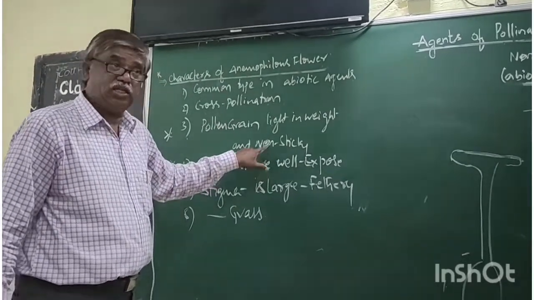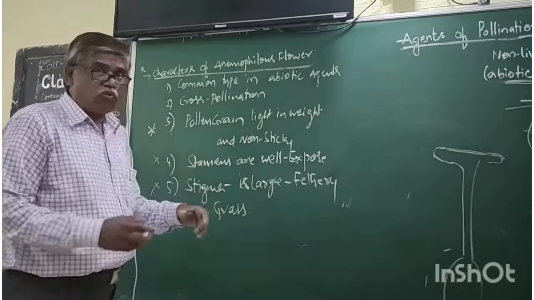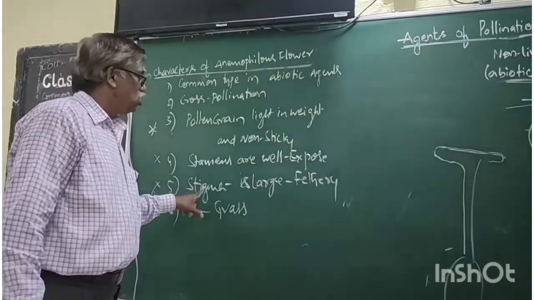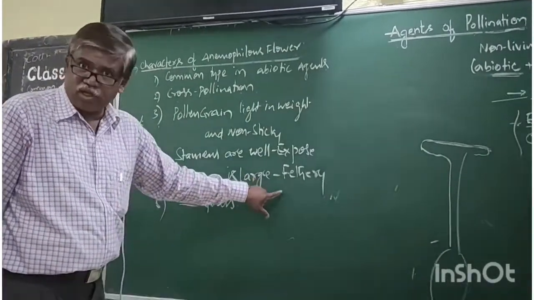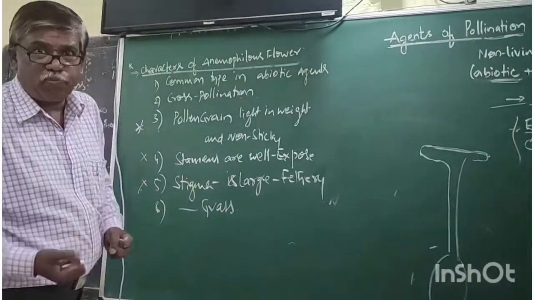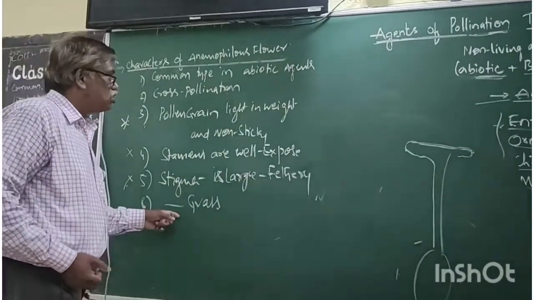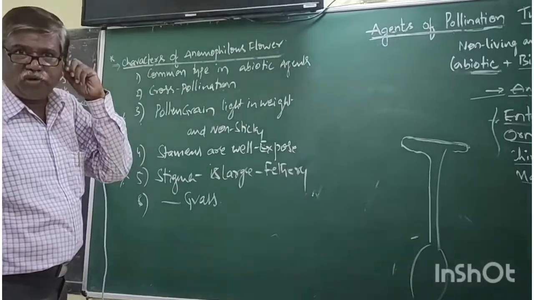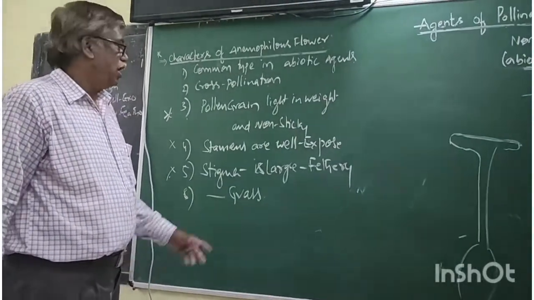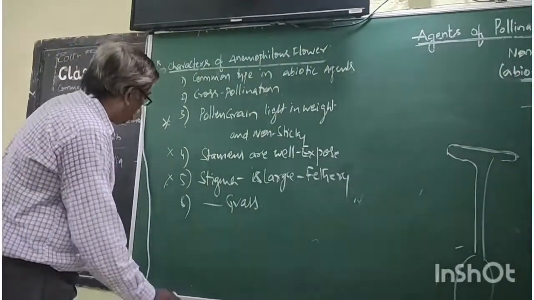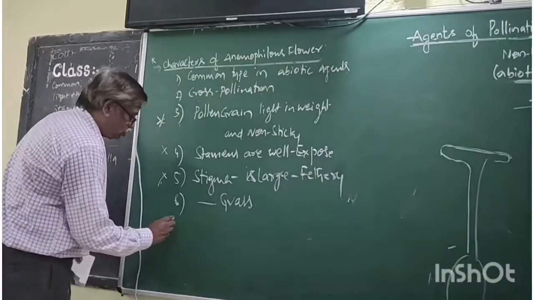Sticky or non-sticky? Non-sticky. Stamens are well exposed. Stigma is large and feathery for easy trapping of pollen grains. This type of Amorphous flowers we can see in grasses. Another important character, just one.